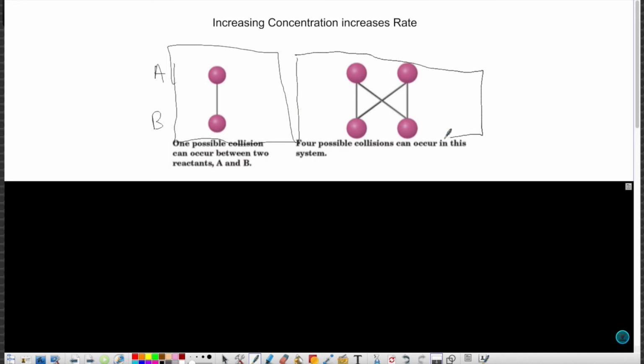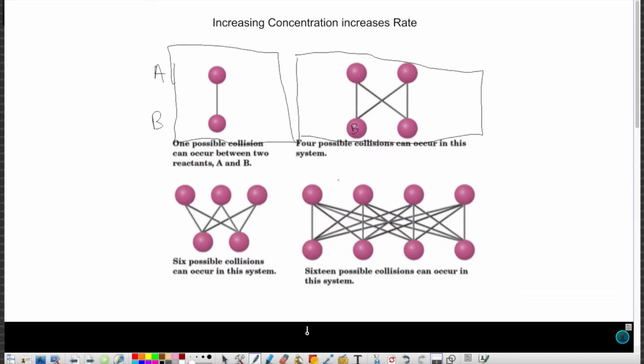Now, let's look at this B here. Instead of just having one possibility, it has two. It can collide with this A, or it could collide with this A. So this increases by a factor of 2, this increases by a factor of 2. So you get 4 possible combinations. So 4 possible combinations for collisions increases the number of collisions.